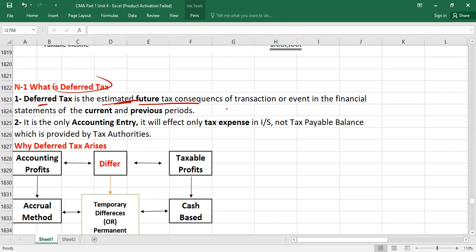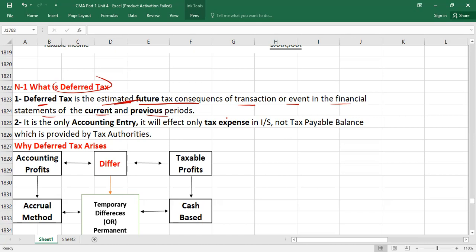So this is what they say: deferred tax is the estimated future tax consequences of transactions or events in the financial statements of the current or previous period. In simple words, these are transactions we have recorded in the current or past years, but due to which you would pay or receive tax in the future.